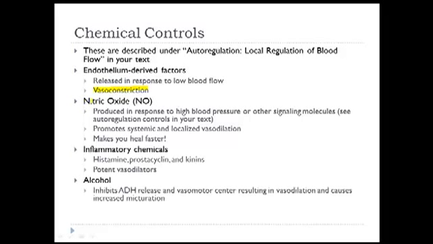Nitric oxide, NO, is going to help with localized vasodilation. Vasodilation is going to help increase blood flow to an area. Since we're going to have increased blood flow to an area, there are some sources that have been talking about how releases of nitric oxide can help with localized healing.